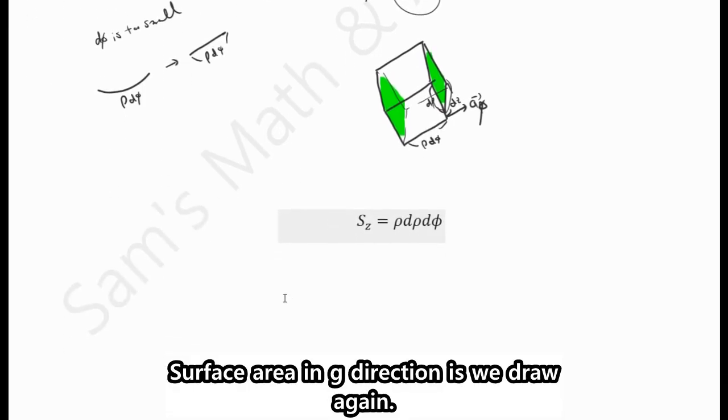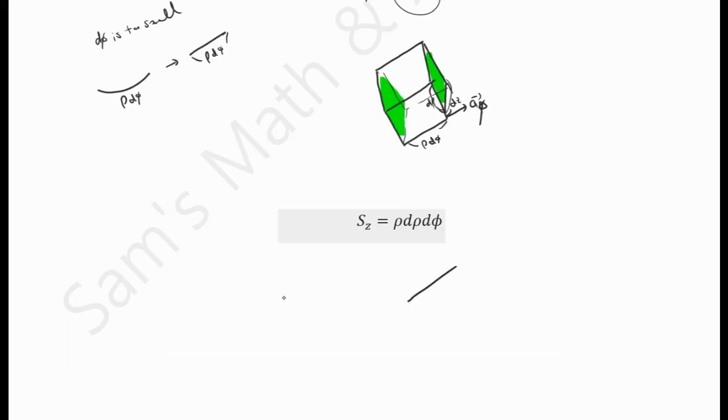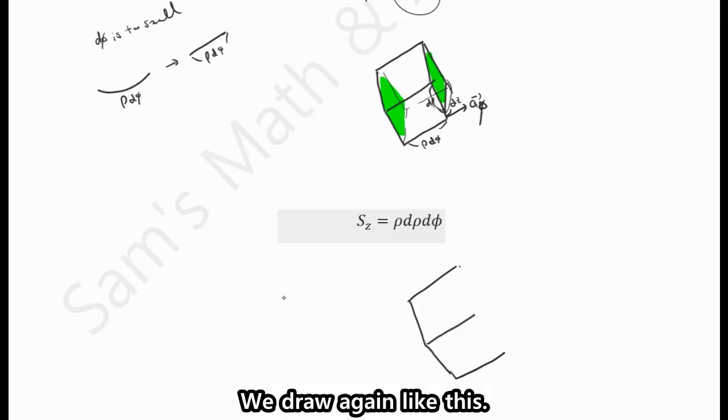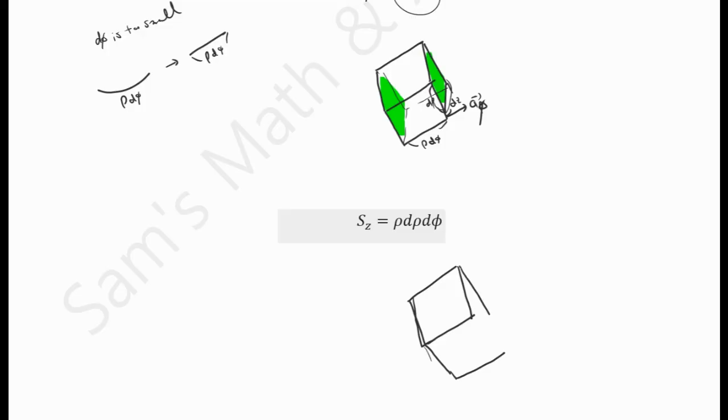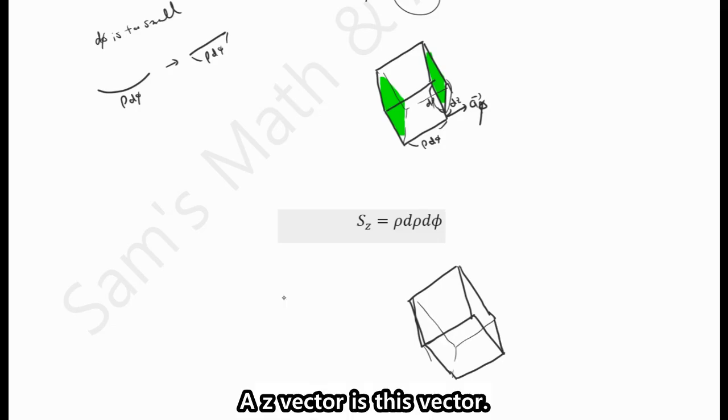The surface area in the z direction: we draw again like this. The az vector is this vector.